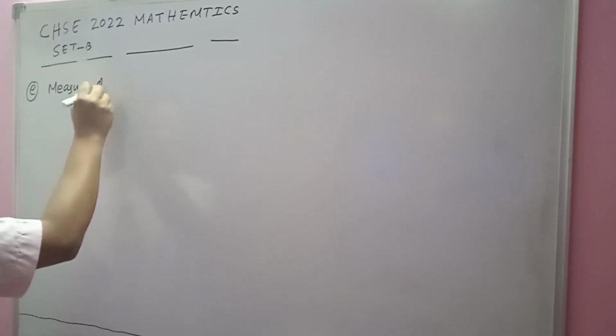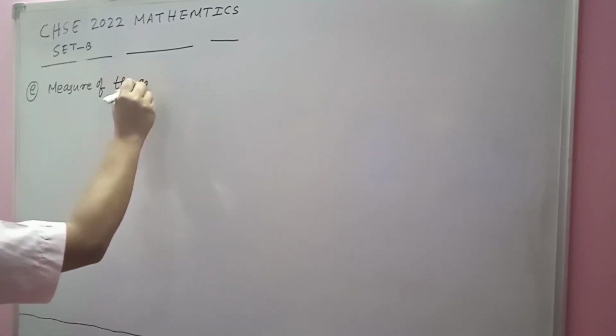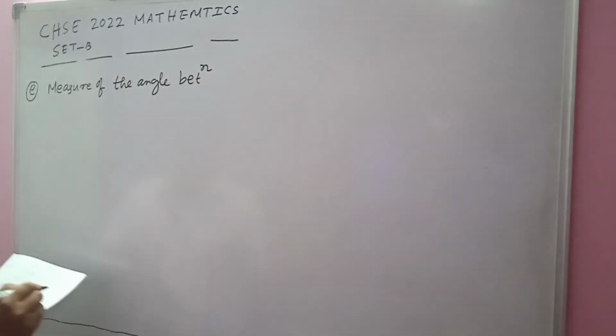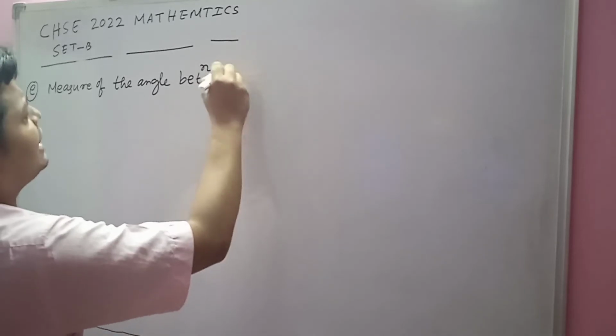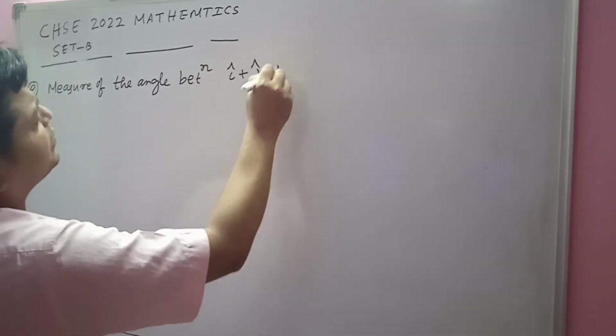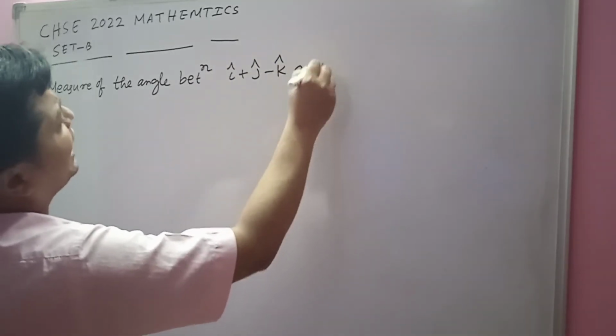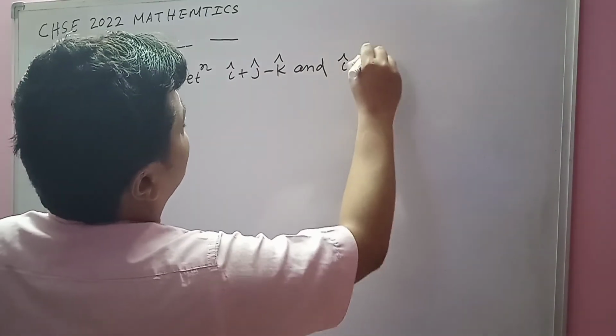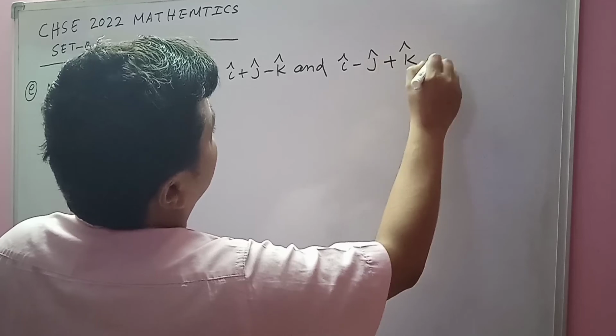Measure of the angle between i cap plus j cap minus k cap and i cap minus j cap plus k cap is.